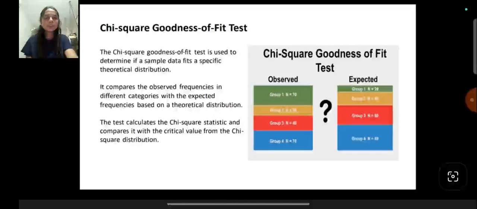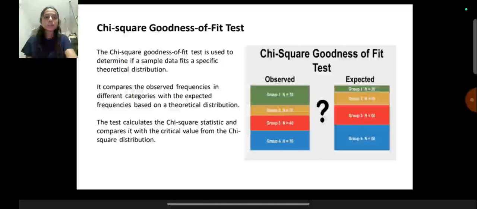And chi-square goodness of fit test. The chi-square goodness of fit test is used to determine if sample data fits a specific theoretical distribution. It compares the observed frequencies in different categories with the expected frequencies based on the theoretical distribution.